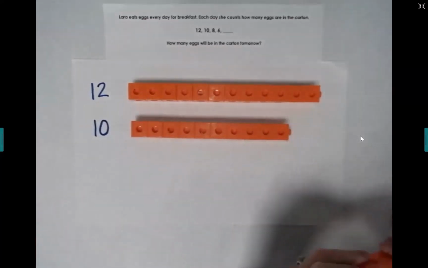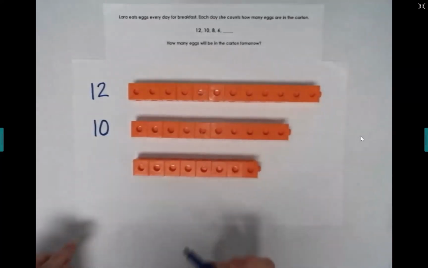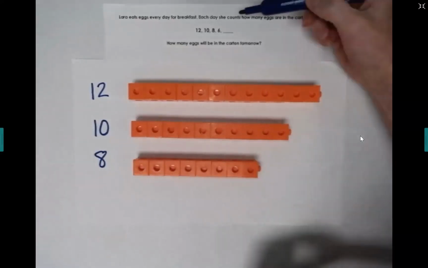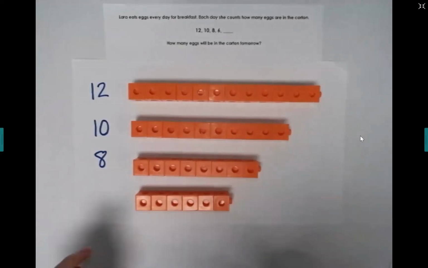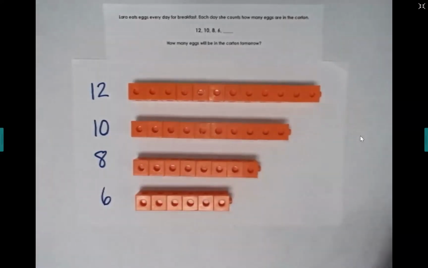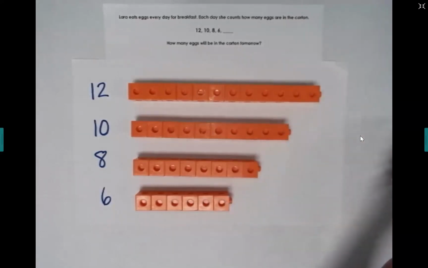The third step in my pattern, the third day she counted 8 eggs. And then on the fourth day, I can see she counted 6 eggs in the carton. All right, so here is each step in my pattern.